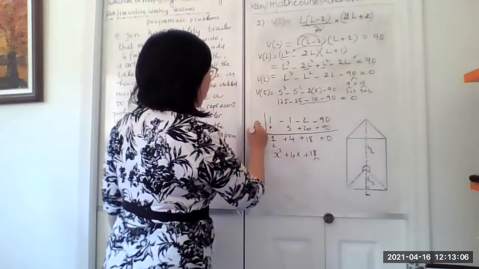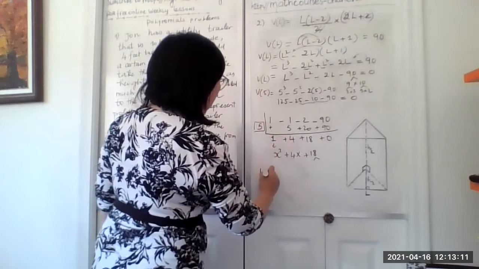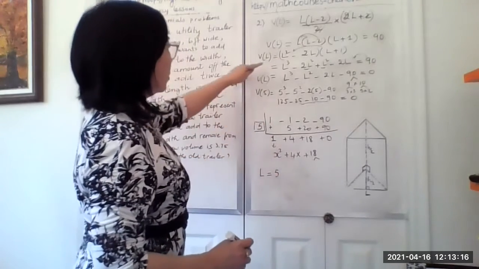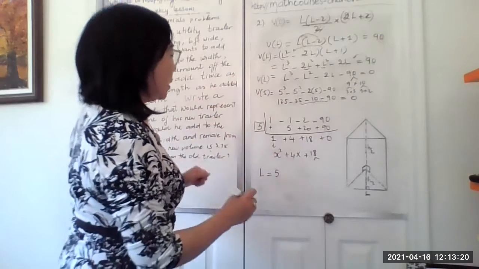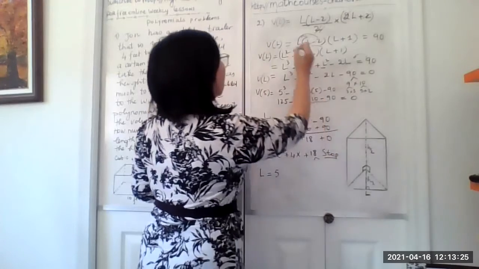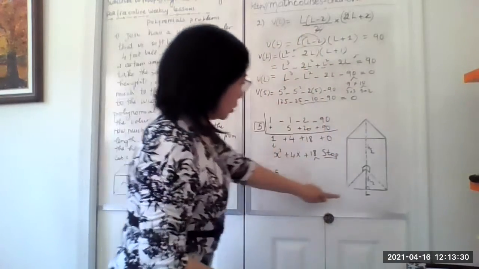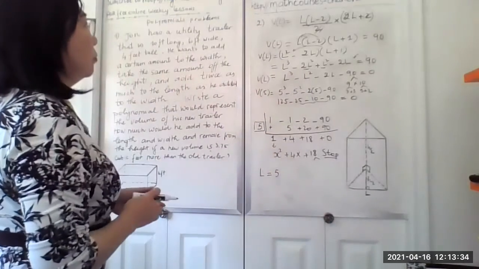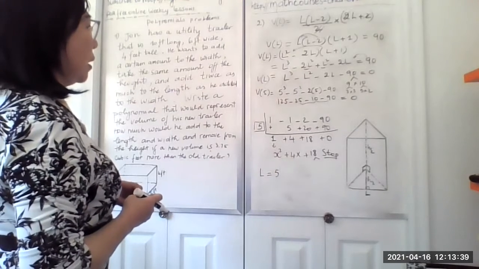But let's see, we already know L here, right? One of the factors is L equal 5. One of the roots of this equation is L equal 5. So let's say we stop right here, okay? So we solve for it, and one of the roots equals 5.